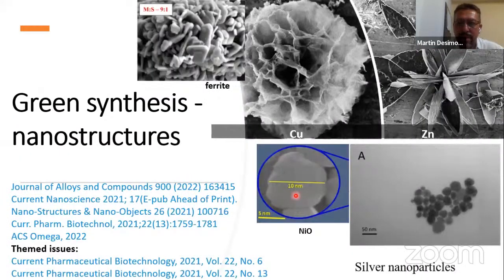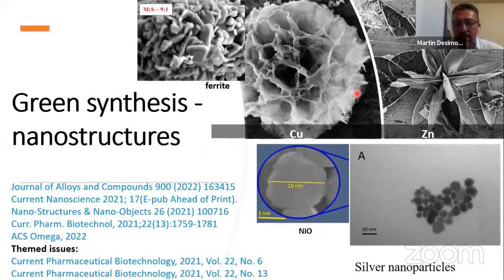What appears as a very interesting feature for the next years is the green synthesis production of nanostructures or nanomaterials. In these fields, in recent years, we produced different nanomaterials. We have some publications in these fields, also with some of you present here today, like Professor Ratiram Chowdhury and Professor Rafael Kotania also.